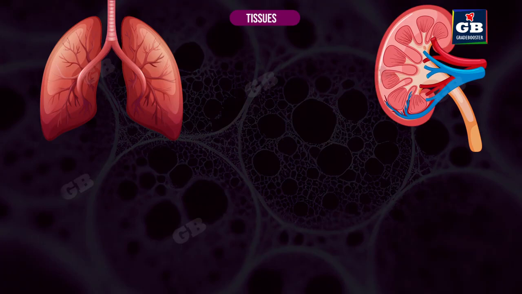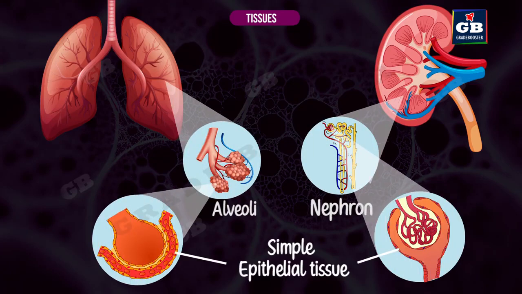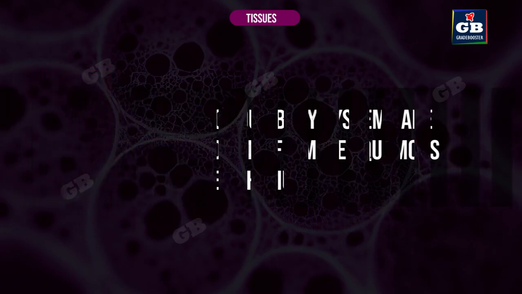The internal organs like stomach and kidneys are made up of muscles, but their cavities are lined internally by simple epithelial tissue. Do you know, certain parts of our body systems are completely made up of simple squamous epithelium.